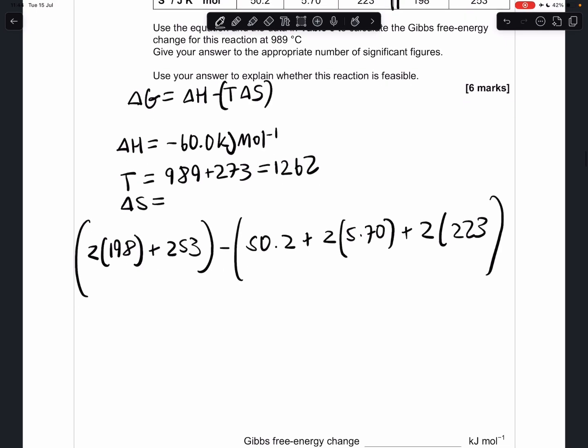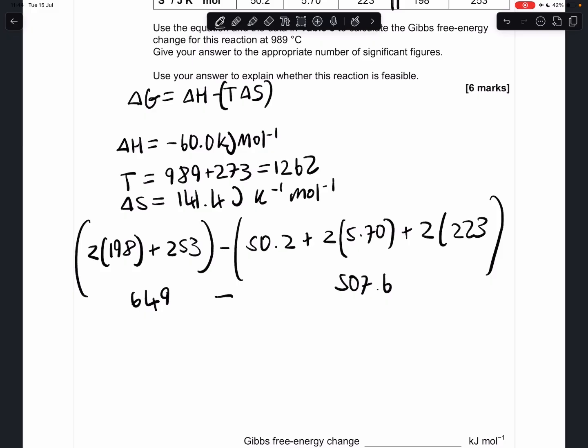And if you collect all the terms, you will get 649 and 507.6. So if you just do that there, you'll get your entropy change to be 141.4 joules per Kelvin per mole.